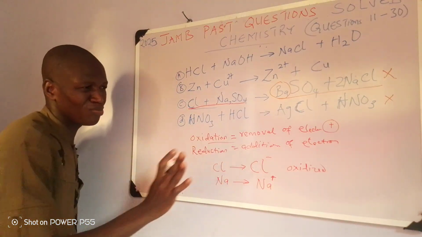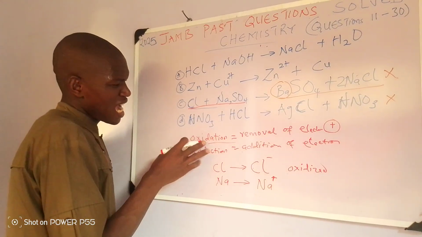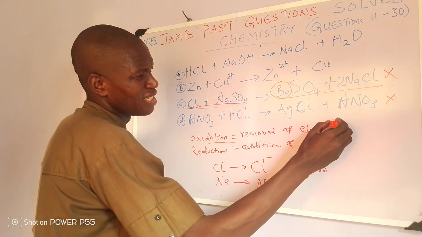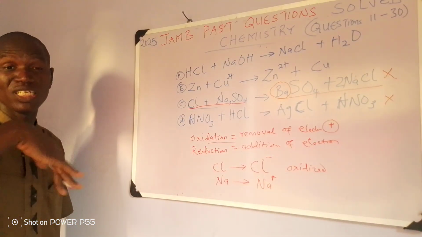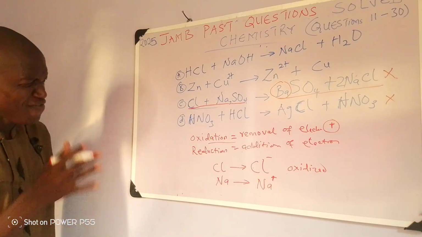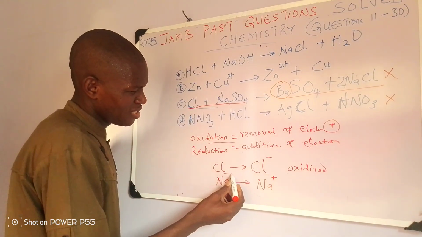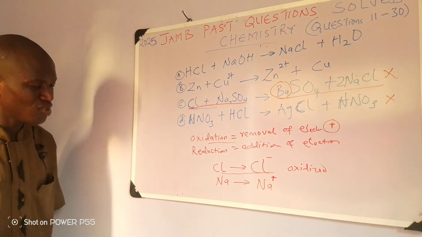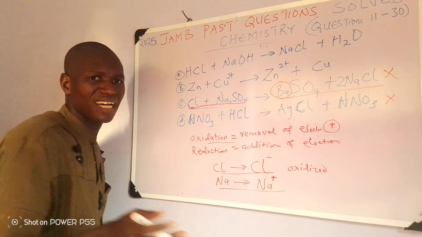I don't want you to miss anything at this point in time. So if I become oxidized, it means I will be positive. I have donated electrons. So if you got this clearly, you know that at this point in time, chlorine has gained an electron, sodium has donated an electron.